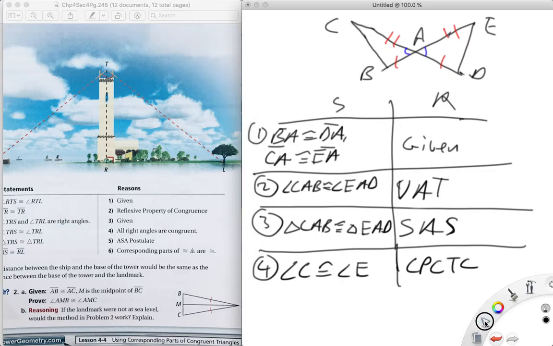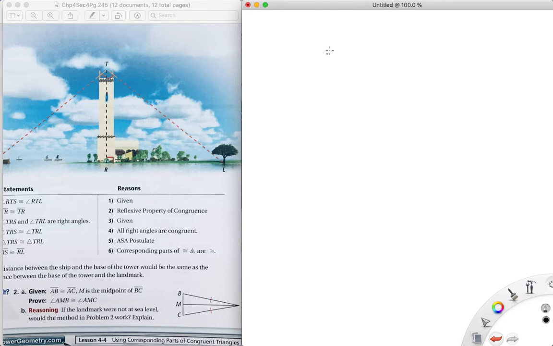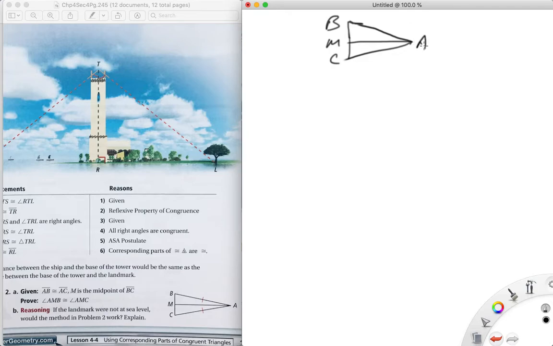Okay, so for this triangle, we have B, M, C. I'm assuming that's A. We're told that these two guys are the same, and we're told that M is the midpoint.